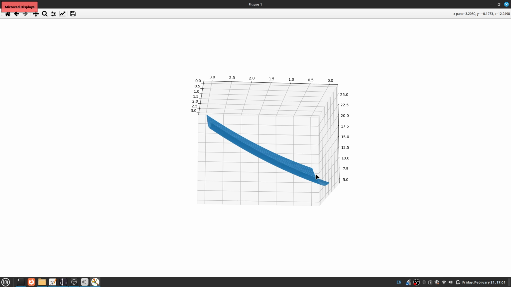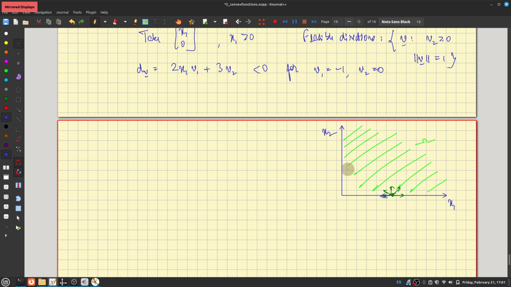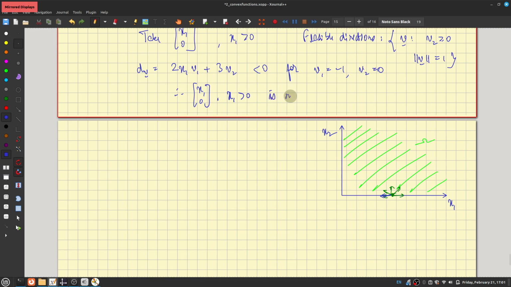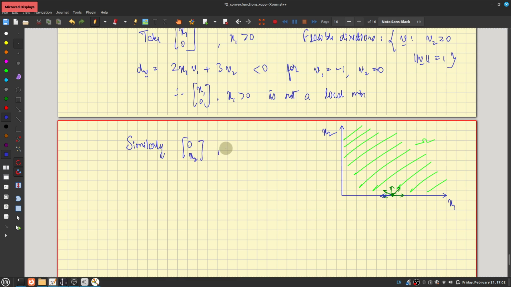So even those boundary points cannot be local minimum.